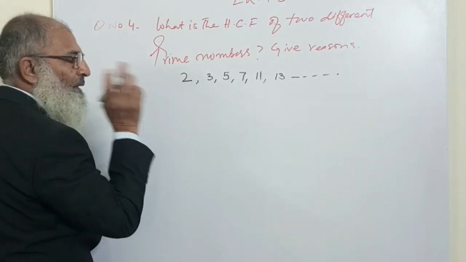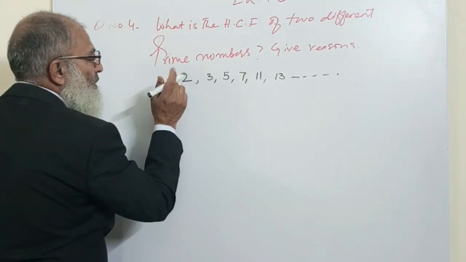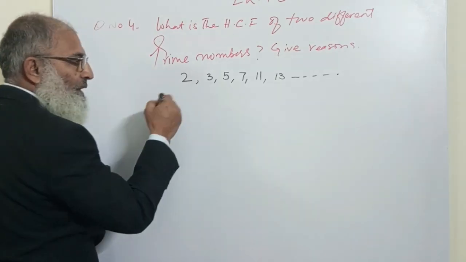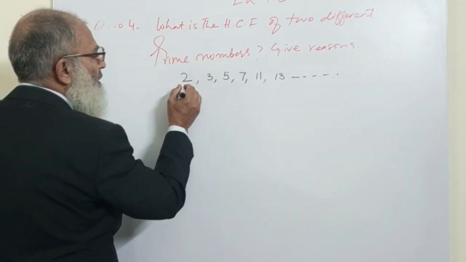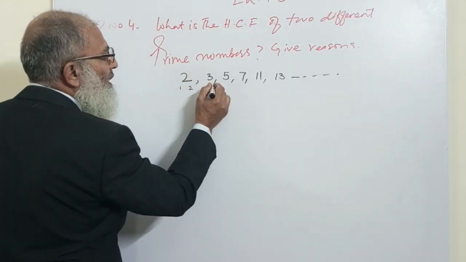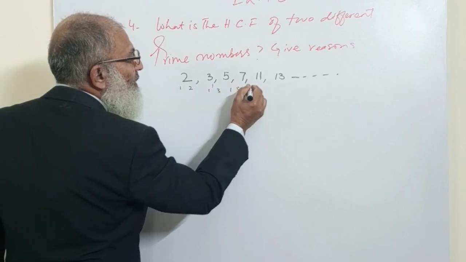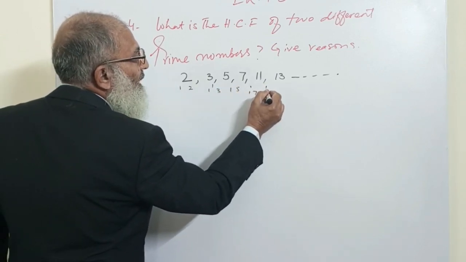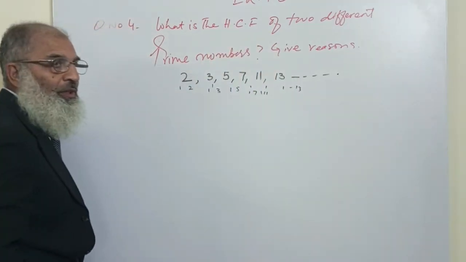I told you in my first lecture. Now you can check whether it is divisible by any other number or not. So it has factors of 1 and 2, it has factors of 1 and 3, it has factors of 1 and 5, 1 and 7, 1 and 11, 1 and 13, and so on and so forth.